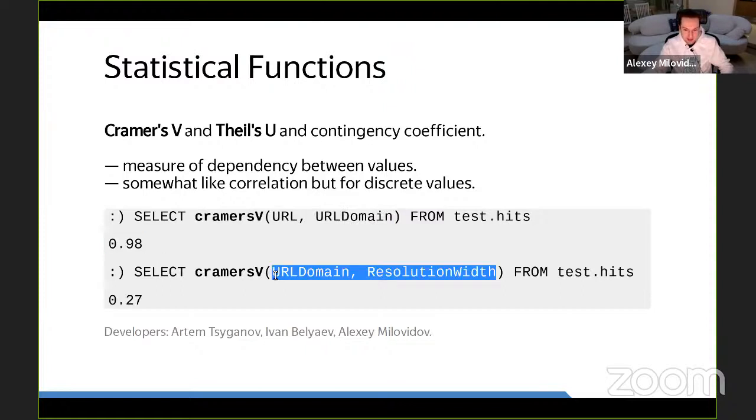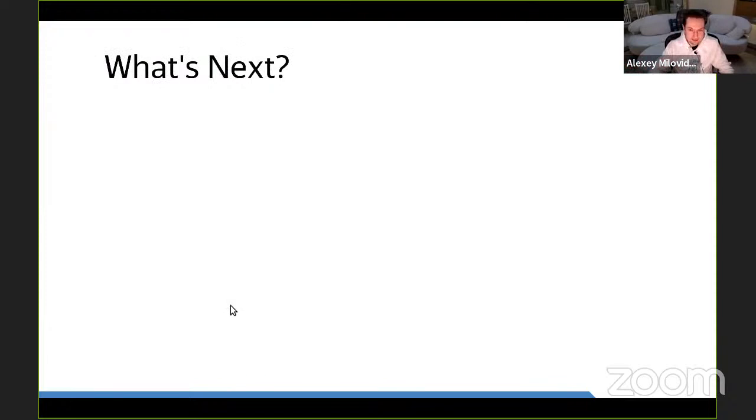If it is not the case, the value will be lower. It is very useful for exploratory data analysis. When you have some data set, you don't know anything about this data set, you want to just explore it.